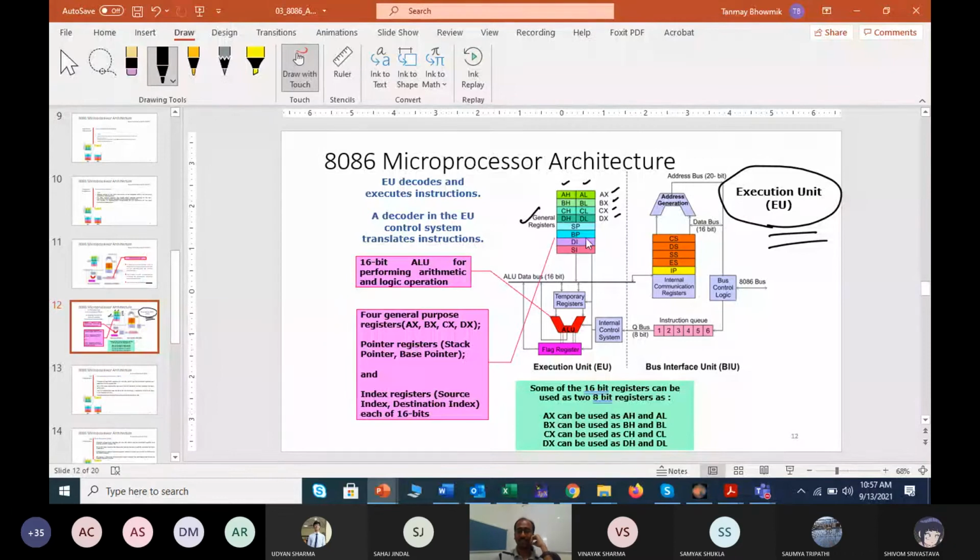All these are related to the segments, and how they are related will be discussed.